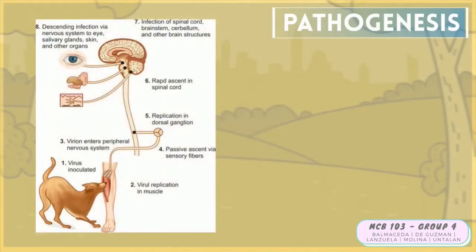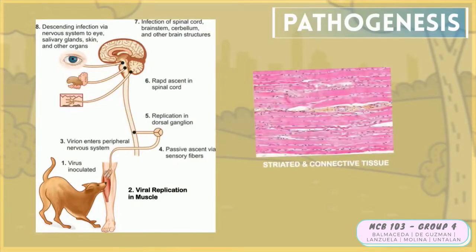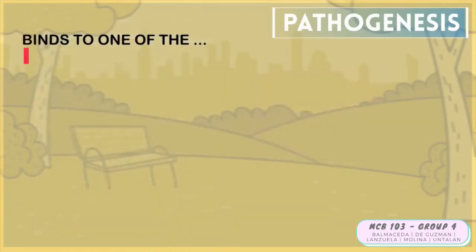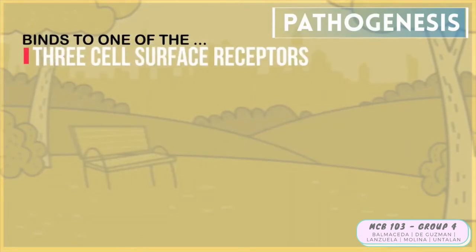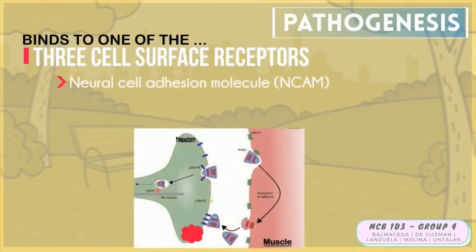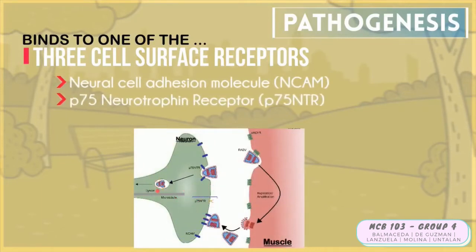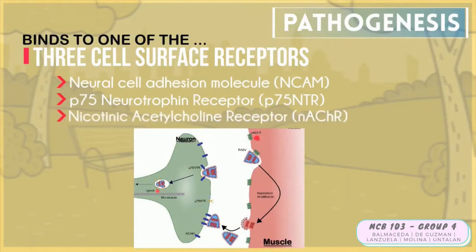Following inoculation into subcutaneous tissues and muscles, the virus replicates in the striated and connective tissue and binds to one of the 3 cell surface receptors: neural cell adhesion molecule or NCAM, P75 neurotrophin receptor or P75-NTR, and nicotinic acetylcholine receptor at the neuromuscular junction.